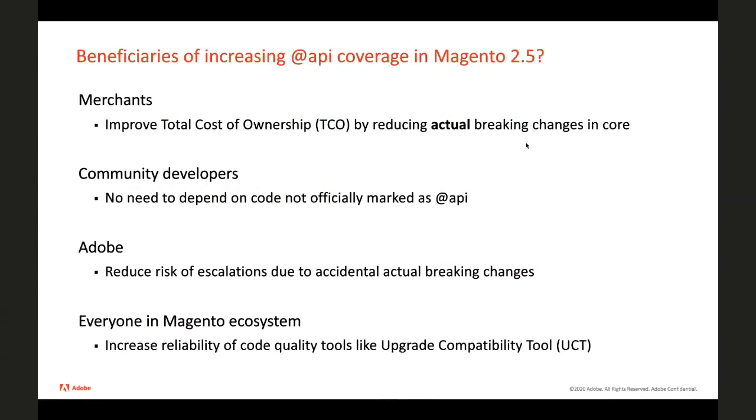Let's look at the beneficiaries of this change in Magento 2.5. First of all, merchants will benefit because their total cost of ownership will be reduced due to a reduction in actual breaking changes that they get.